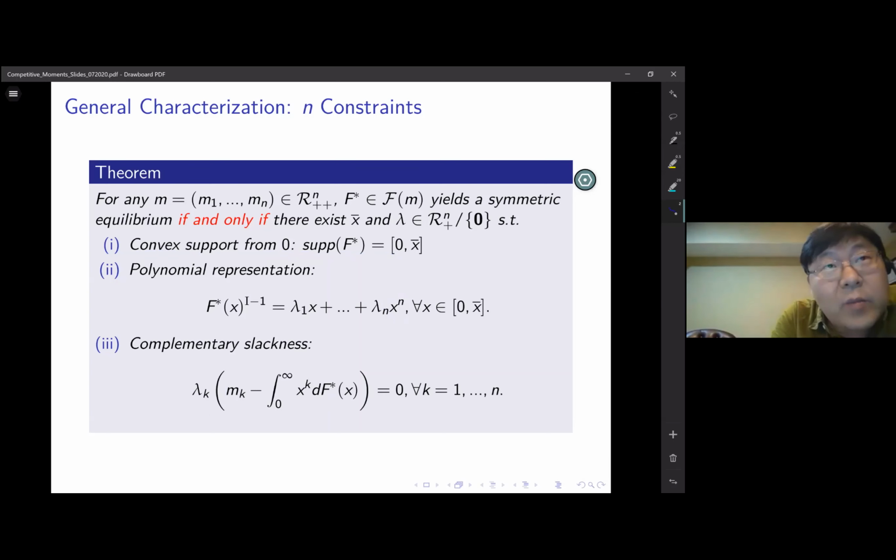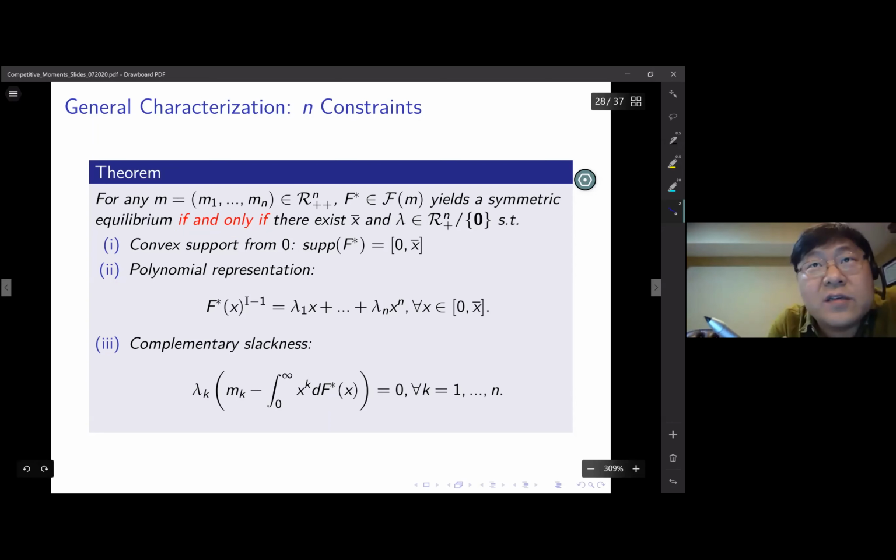I already talked about this polynomial representation, and it is the same reason. And complementary slackness, I guess everyone is familiar with. So in some sense, it's not really surprising that each of these properties is necessary. But this condition is saying that it's actually necessary and sufficient, okay?